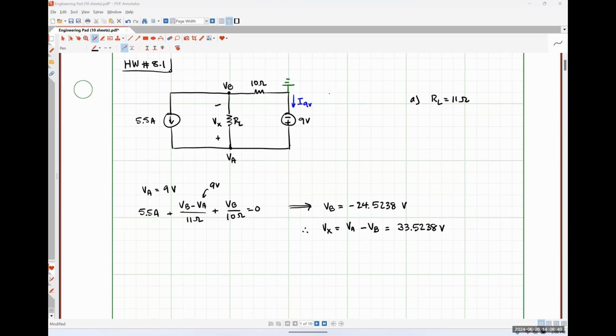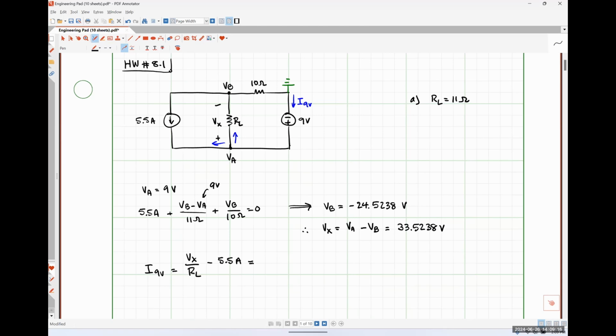Let's see here. So what's the easiest way to solve for this current? So I think the easiest way to solve for that current would be taking this current and this current together. So I 9 volts is going to be Vx over RL minus 5.5 amps.